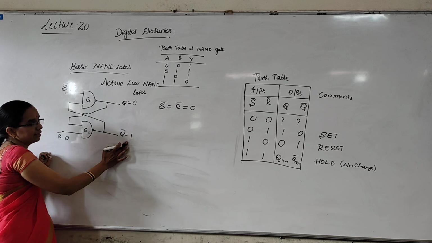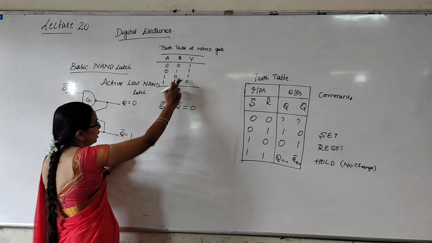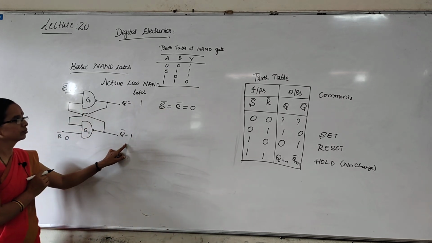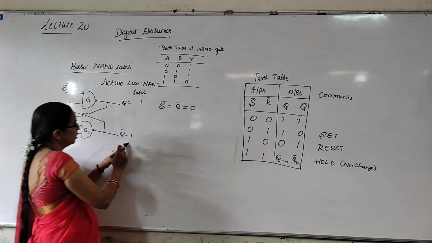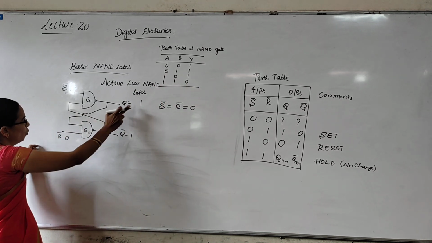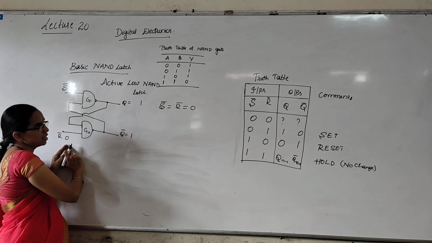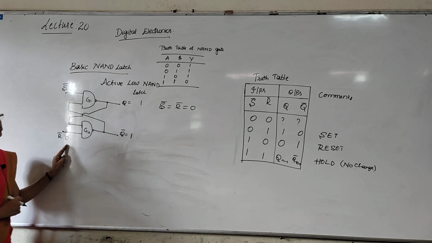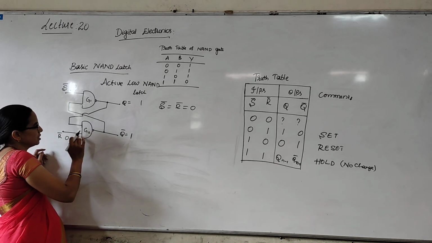So 0 and 1, what happens? 0 and 1, it will be 1, and this 1 and 0, it will be 1 only, right?